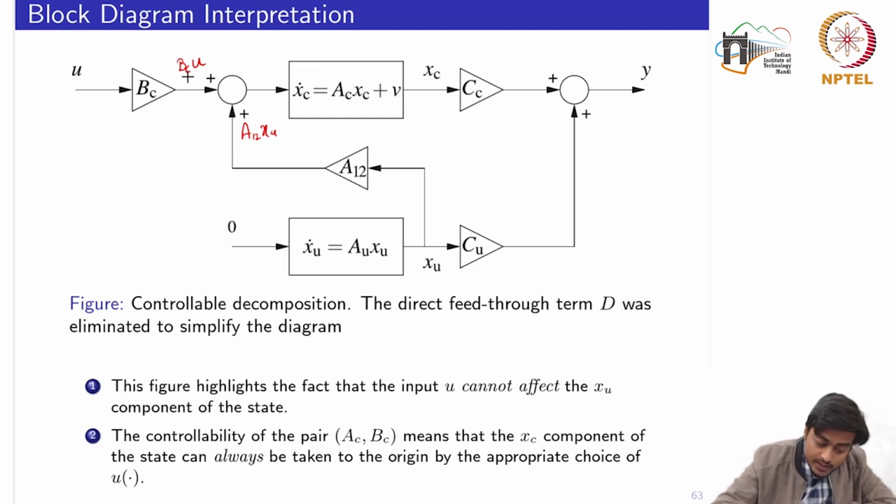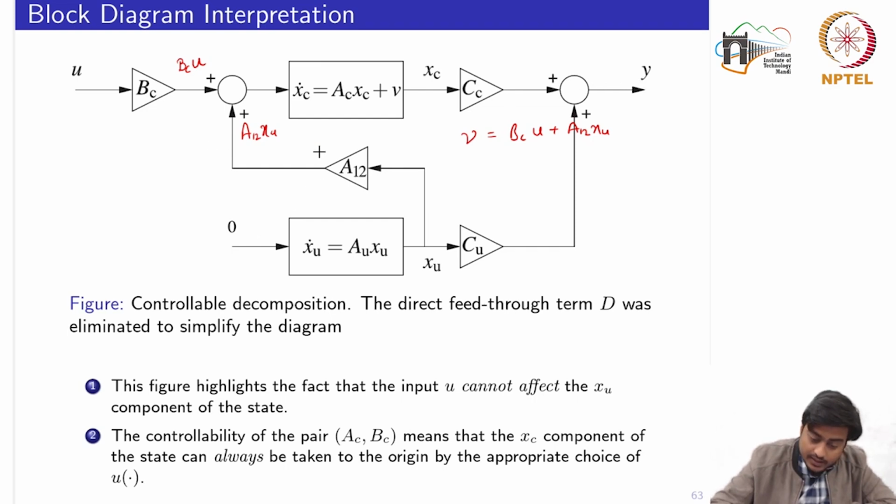The addition of this Bc u and A12 xu we have replaced by nu. So this nu is nothing but your Bc u plus A12 xu, and the rest is Ac xc, multiplied by Cc we would have the y matrix.